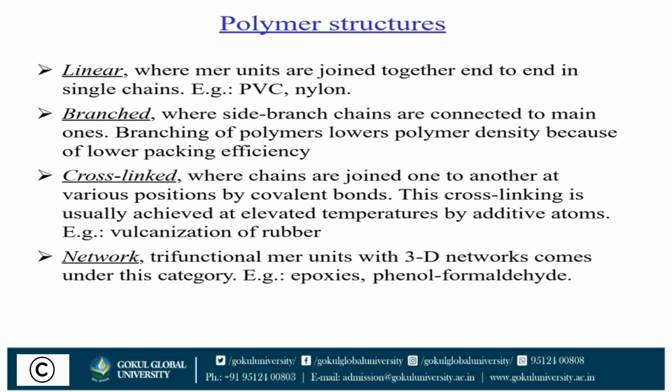This cross-linking is usually achieved at elevated temperature by an additive atom. The vulcanization of rubber is an example of a cross-linked structure. A network structure is a trifunctional mer unit in a 3D network, and comes under the category of epoxies, phenol formaldehyde.